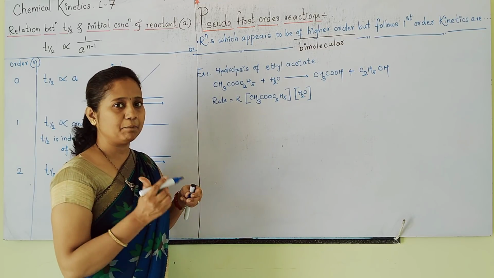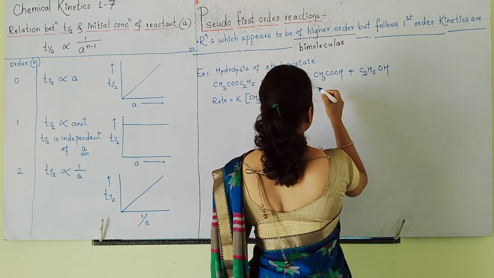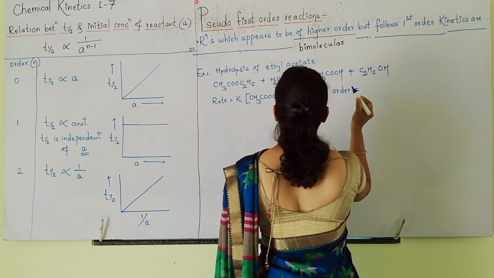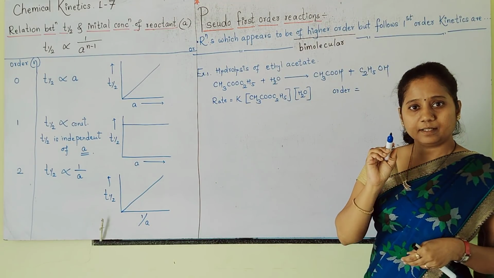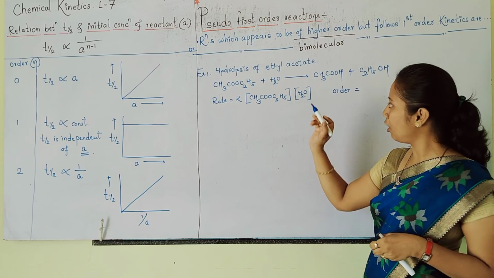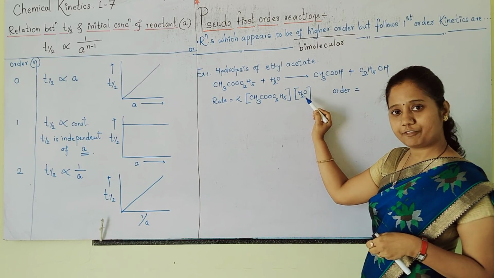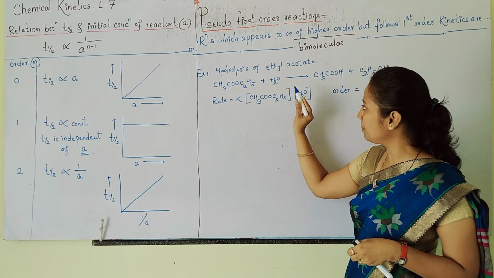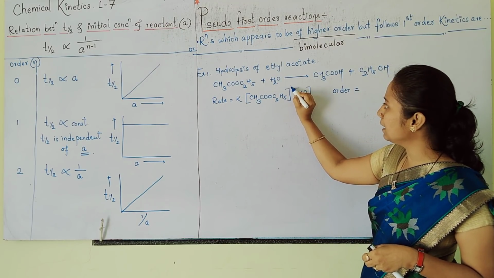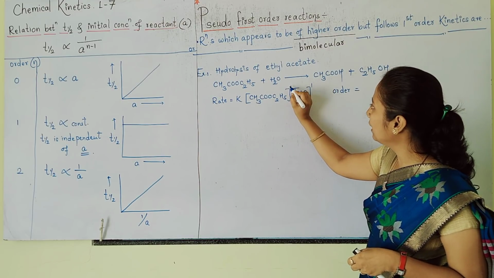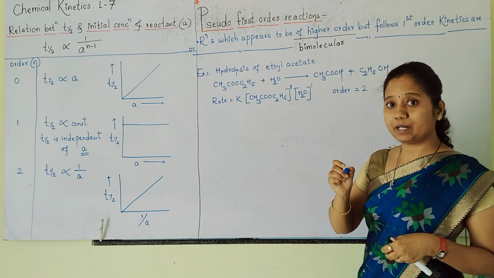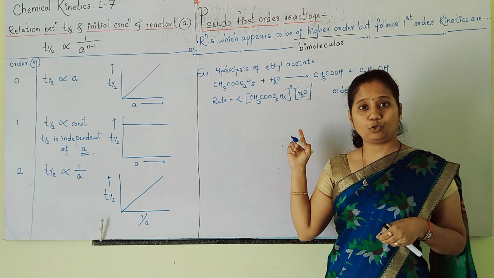So tell me what is order. Order is nothing but the sum of powers of molar concentration of reactants in the rate law expression. Here nothing is there, means 1. Here is 1. Sum of powers becomes 2. So order appears to be 2.